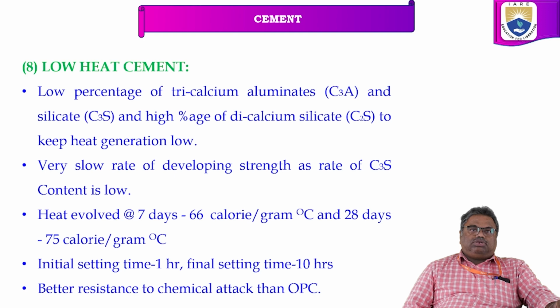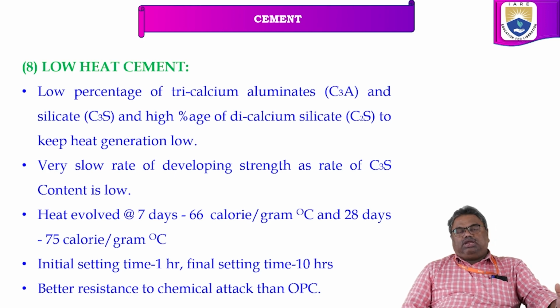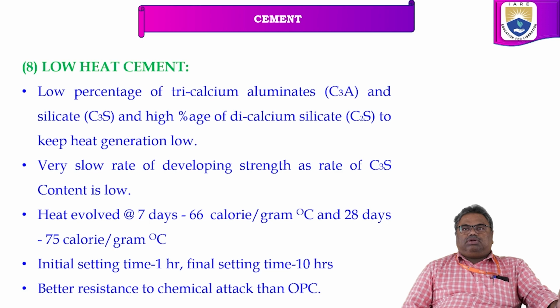Low heat cement. The name itself says it is a low heat cement. So it produces very less heat while in the hydration process. This cement will have a low percentage of tricalcium aluminate, that is C3A, and tricalcium silicate, C3S, and a high percentage of dicalcium silicate, that is C2S, to keep the heat generation very low.